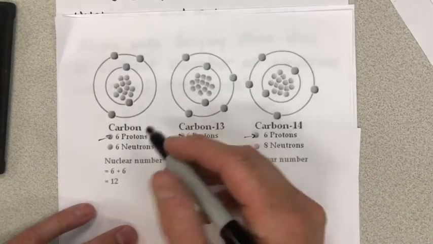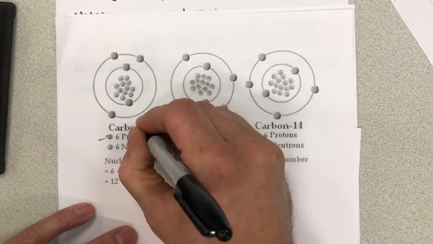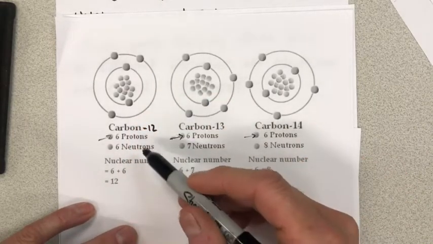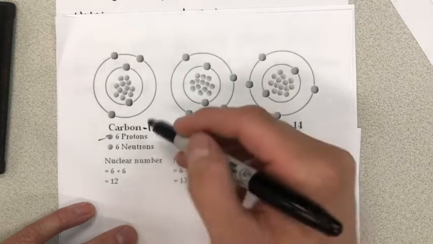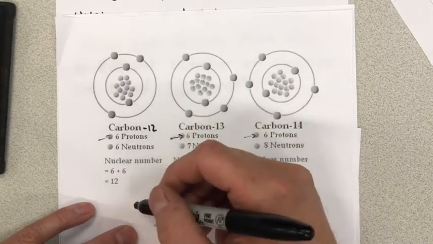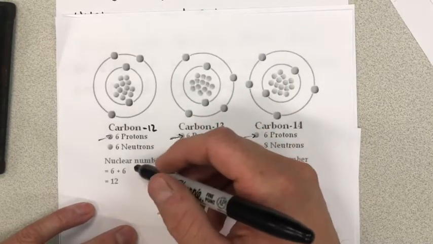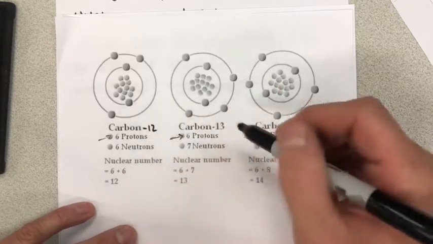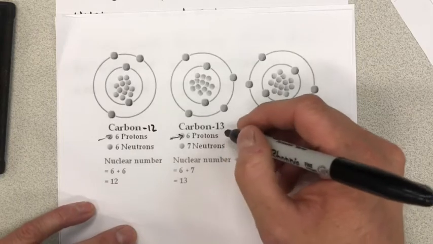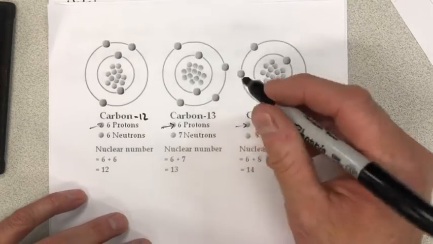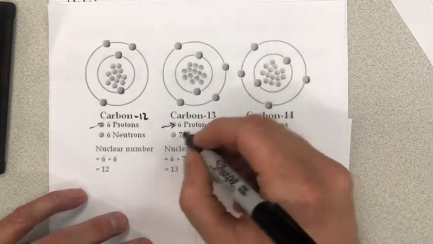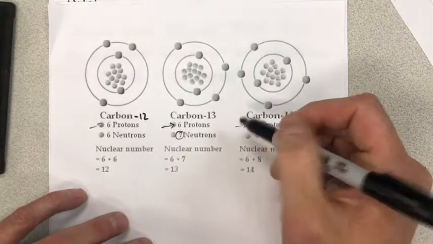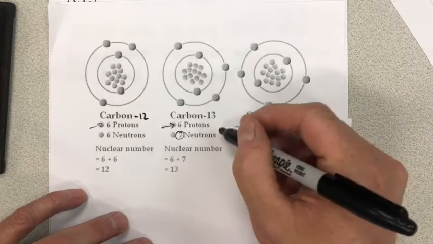So by far the most abundant type is carbon-12. And carbon-12 has 6 protons and 6 neutrons. That's what accounts for the mass number of 12. And that's not a decimal, that's a whole number, all right? And then carbon-13, this is another less abundant type of carbon for sure, but this one has 7 neutrons. And so the 6 protons and the 7 neutrons give us a mass of 13.